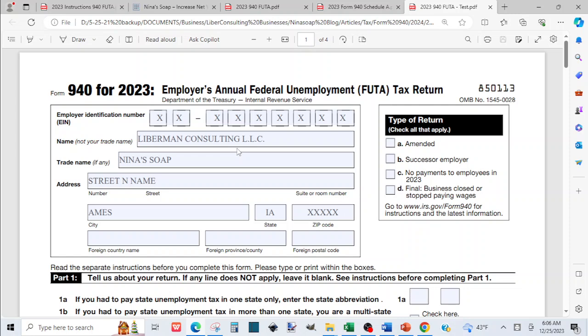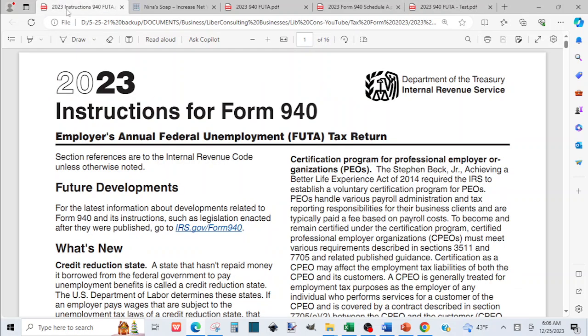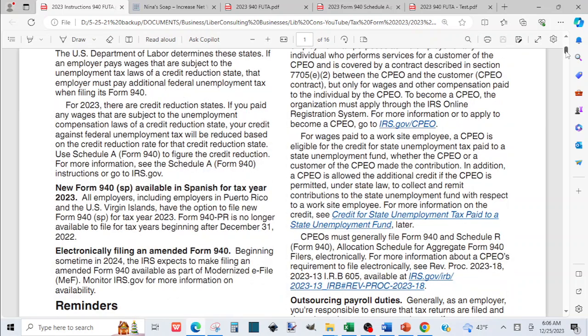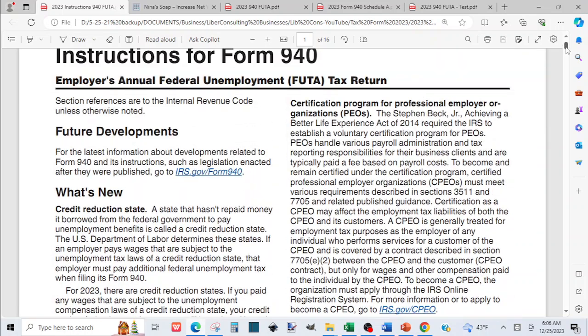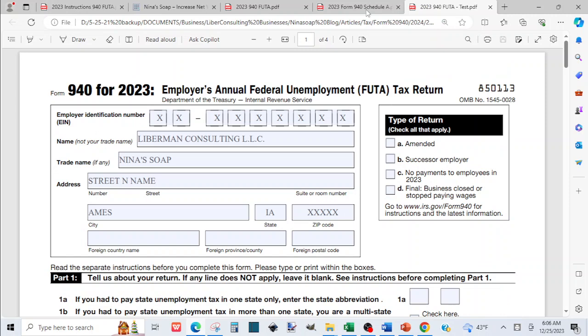In fact, it will be good to read the instructions and highlight what you find interesting that is related to your business. When you start completing the form, you can go back to the instructions if there is a line that you do not understand how to complete, and read that section to see what is asked of you.